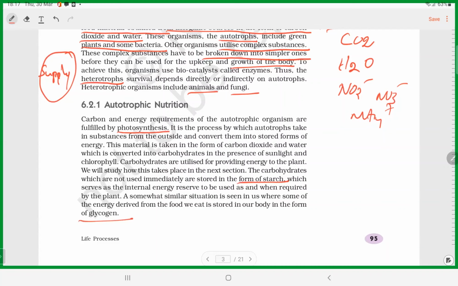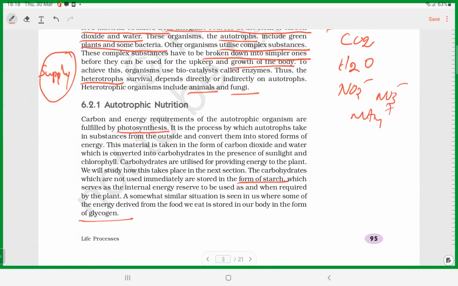They will ask just one mark. What is the difference between starch and glycogen? Have you heard about starch? Heard about glycogen? Yes. Don't worry, I'll tell you.